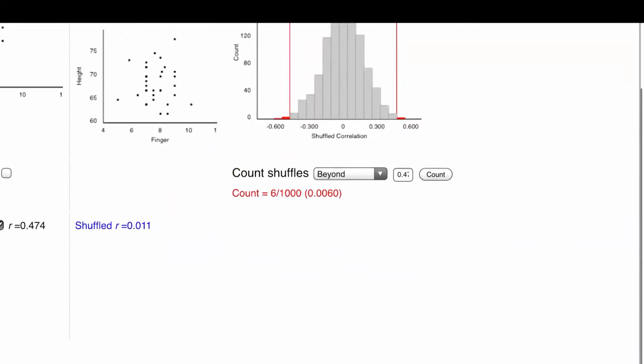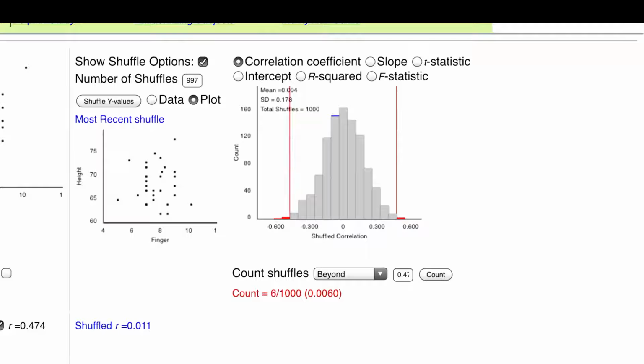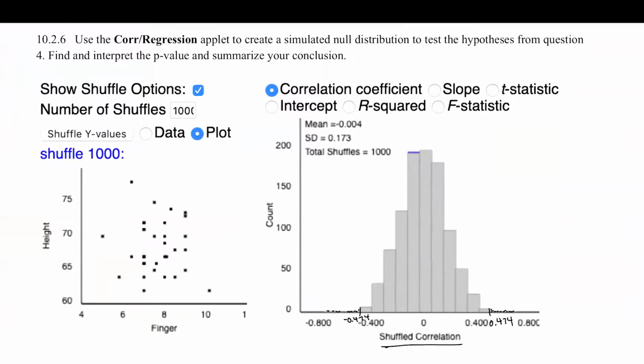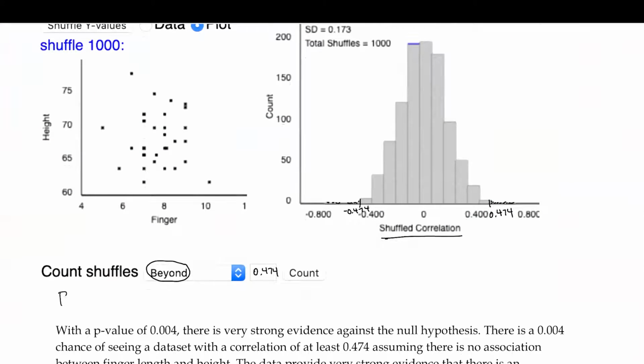And when I put in 0.474 and use the count box, it came up with 6 dots out of 1,000 that had a correlation at least as extreme as 0.474.